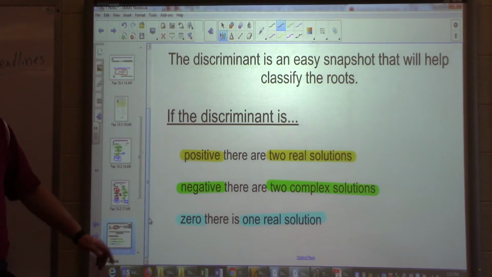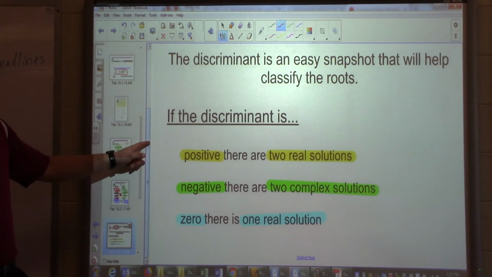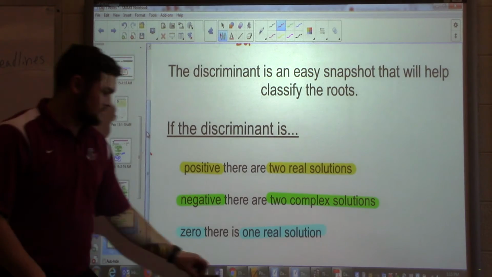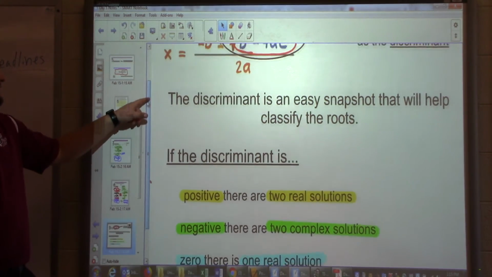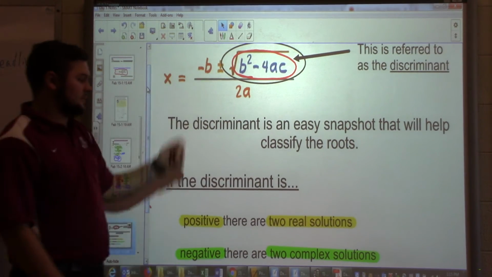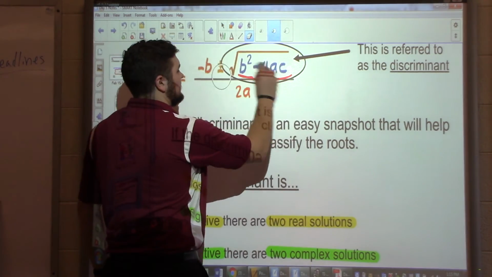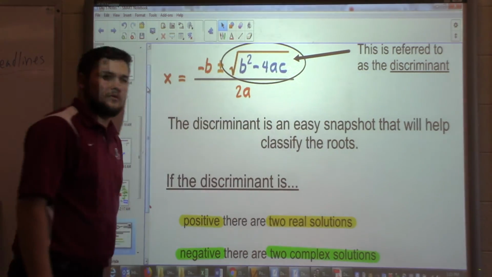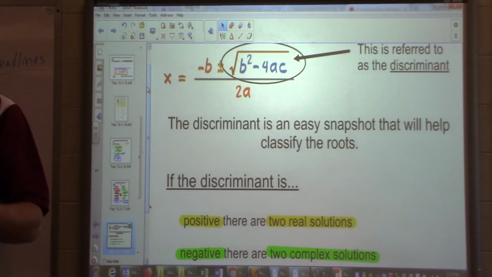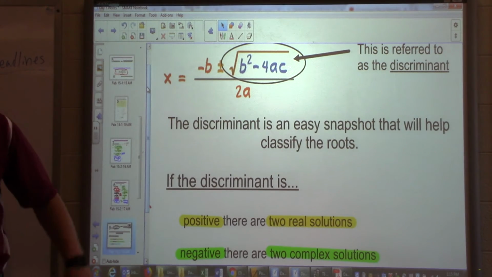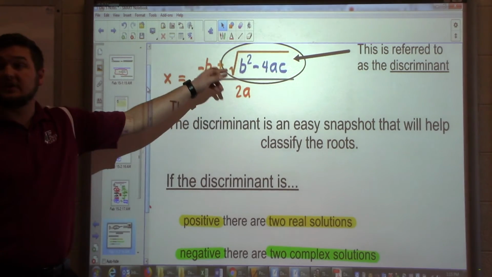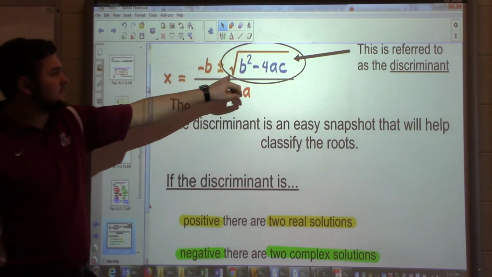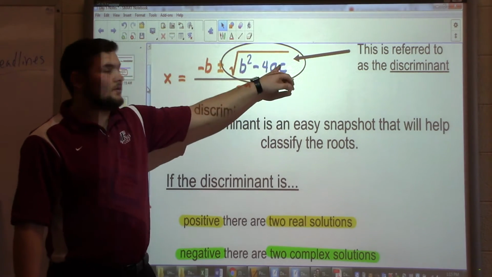Now, let's think about it for a second. Why is that the case? If it's positive, under that radical, what are you going to get? You're going to get a positive number come out of it, right? If it's 4, we're going to get a 2, and we're going to get 2 real solutions. If this comes out to be negative, what happens?